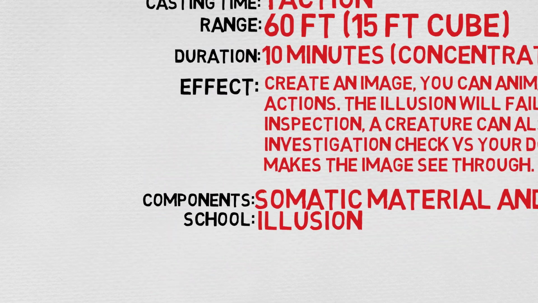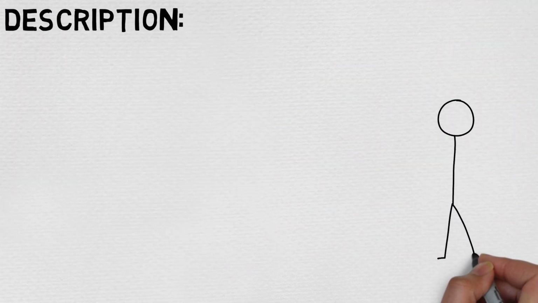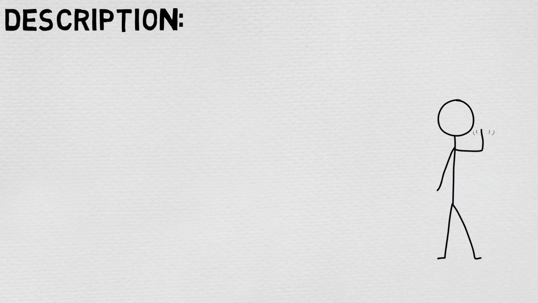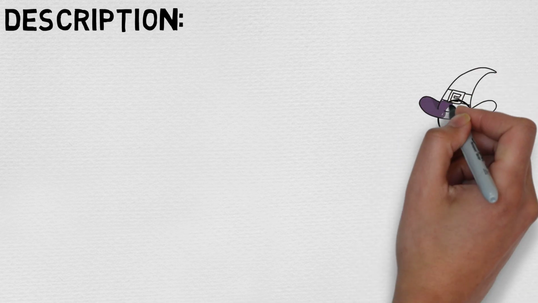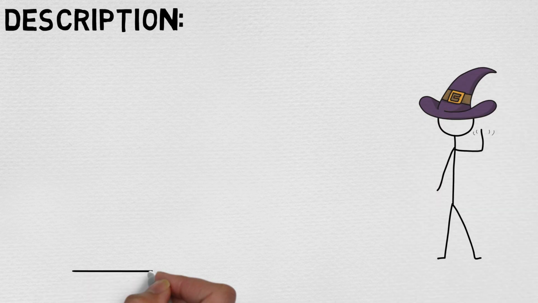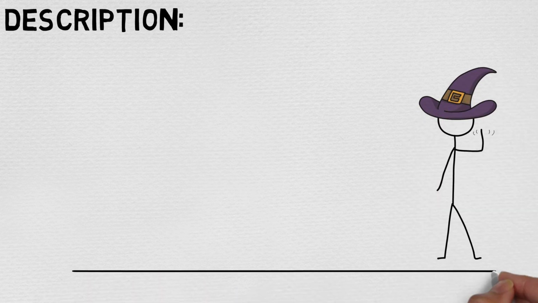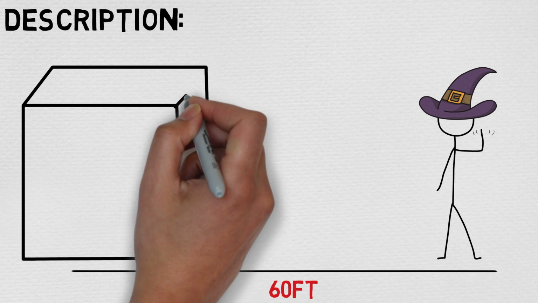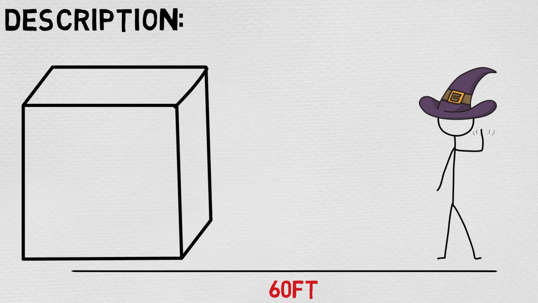With that being said, let's take a look at the full description, and let me warn you, this is a wordy one. You create the image of an object, creature, or some other visible phenomenon that is no larger than a 15-foot cube. The image appears at a spot within range and lasts for the duration.